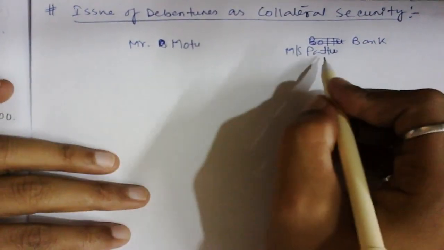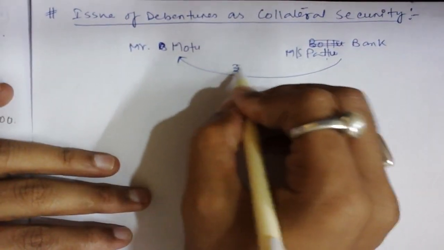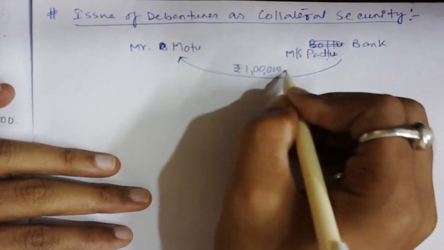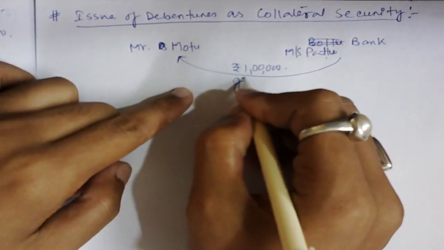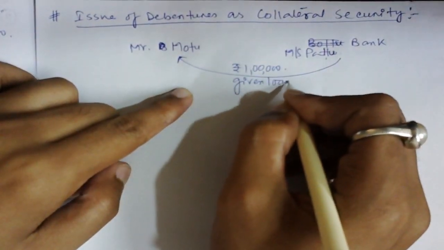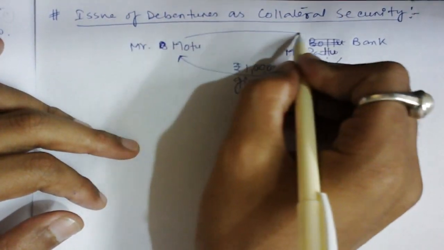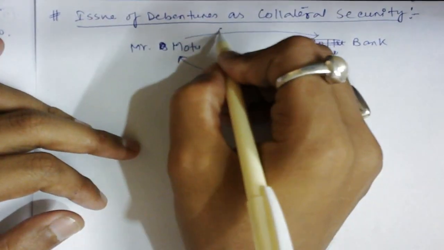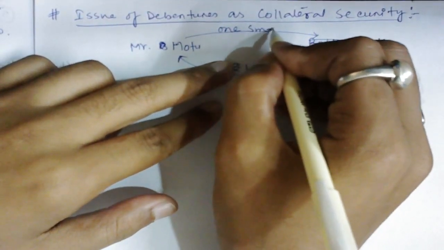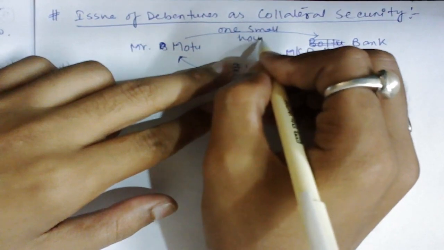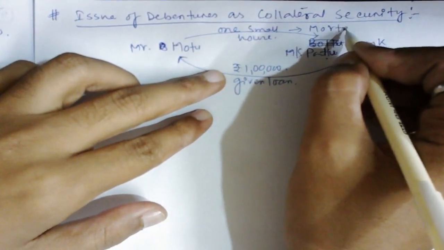Suppose Patlu Bank gave a loan of rupees 1 lakh to Mr. Motu, and Mr. Motu gave Patlu Bank a small house as a mortgage, or as a security.